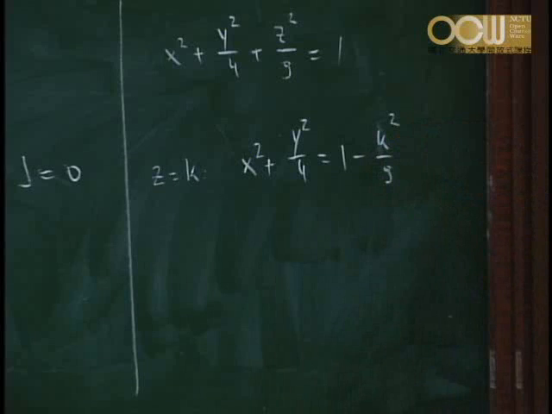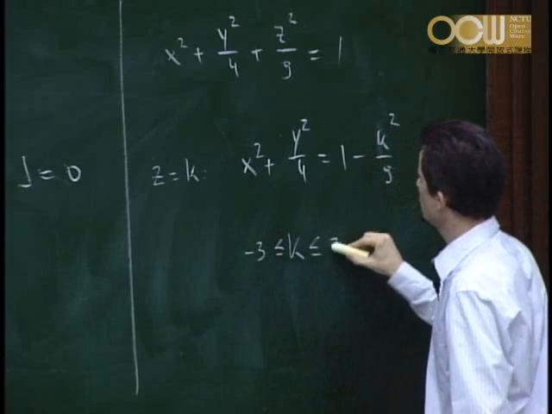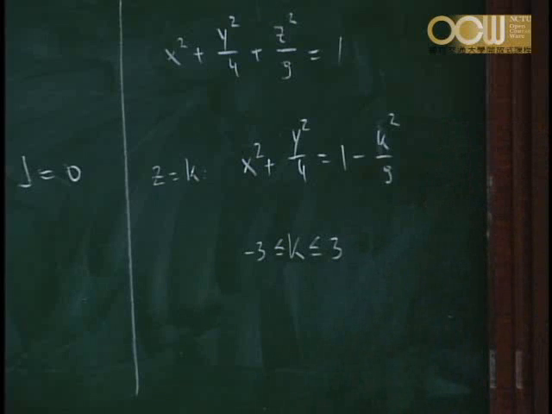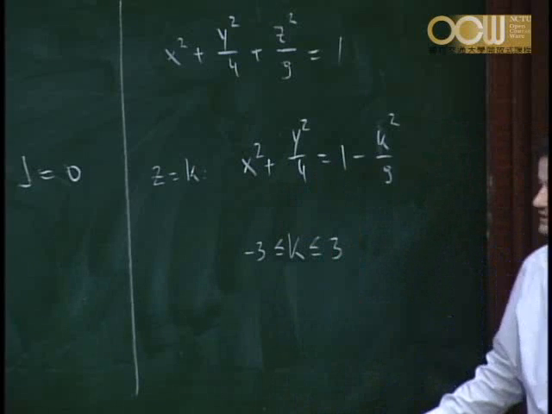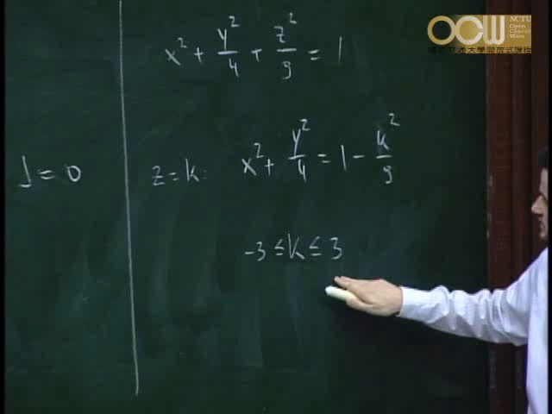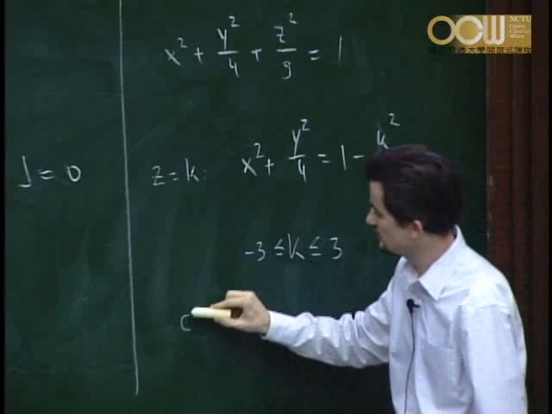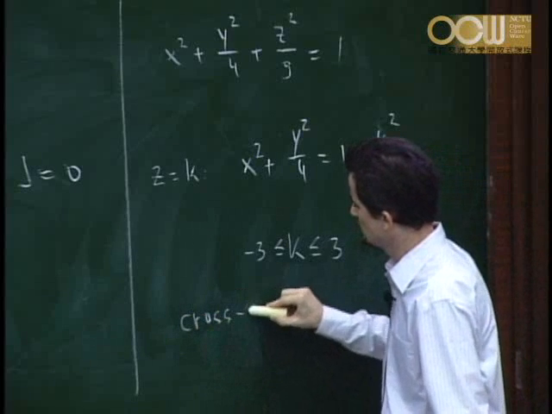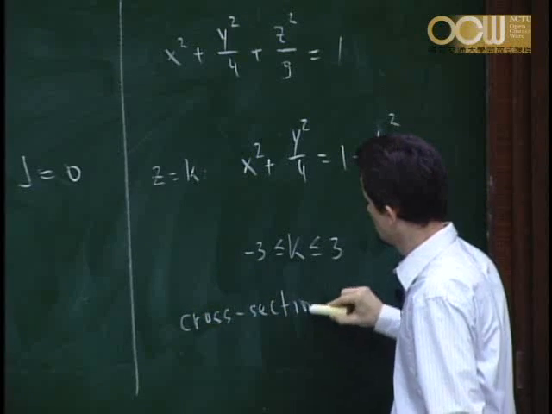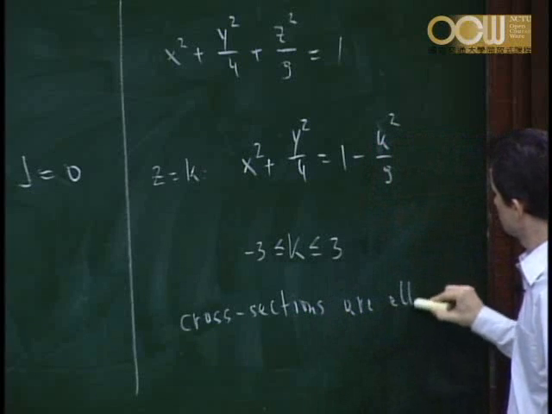So this only makes sense if k is between -3 and 3. Only in this range do we have solutions for x and y, and in this range the cross sections are ellipses.